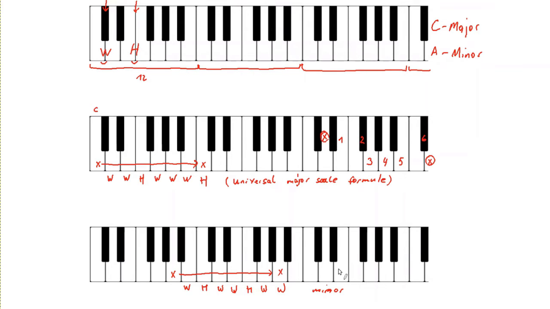And if we want, for instance, to see how E minor behaves, then we have to start with E, right? And we go a whole step. So this is our first note. Then we go a half step. This is our second note. And we go then 2 whole steps, which is here and here.